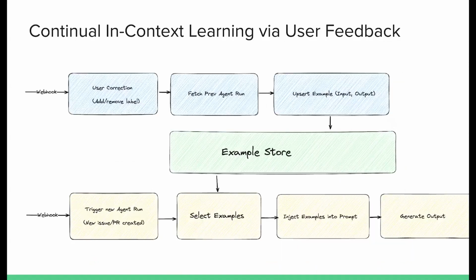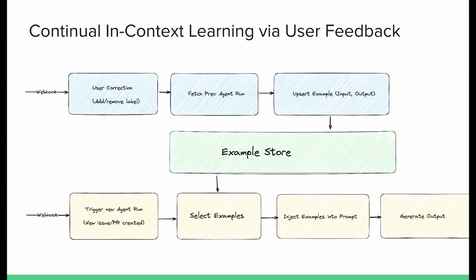So what this ends up looking like is a pretty simple pipeline where there's two pieces to it. One on the top is example collection. In the background, whenever there is a user correction, we are saving that example in our example store as an input-output pair. And you can think of the example store as a traditional vector database.